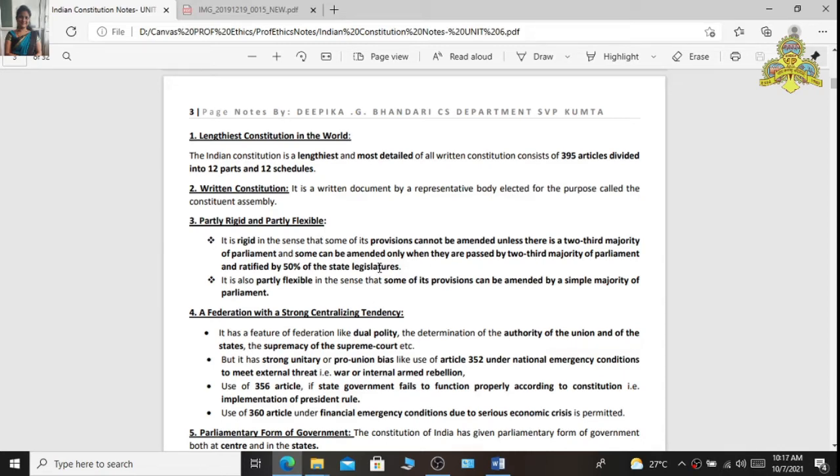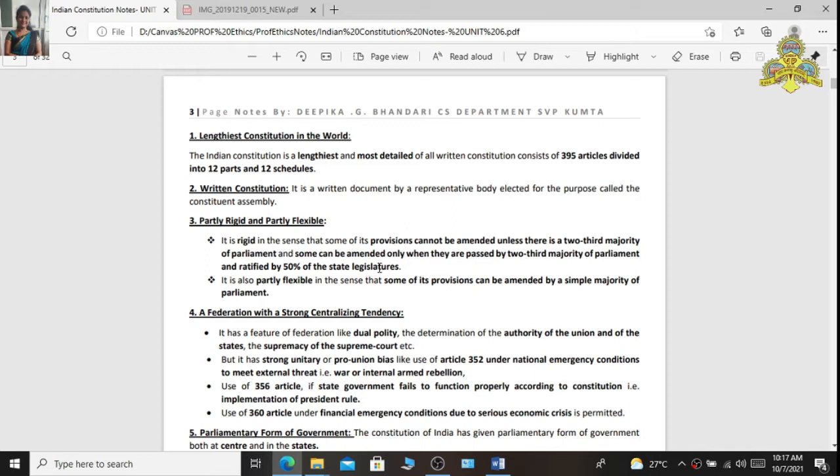A federation with a strong centralizing tendency. Our constitution has a feature like federation with a strong centralizing tendency. This feature is called as dual polity, which means the determination of the authority of the union and of the state. Okay, our constitution is called as dual polity.